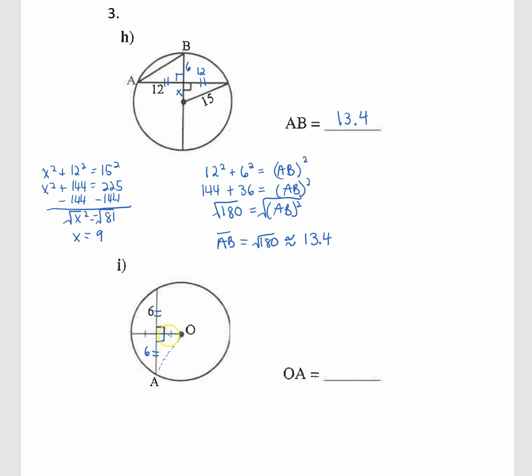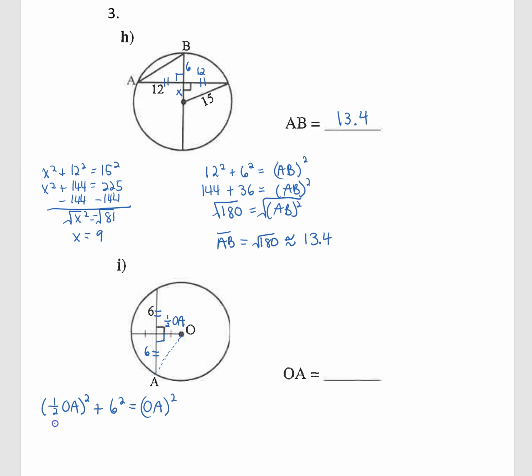Because these two are split into equal lengths, this side here we can express as 1/2 of OA, or 1/2 of the radius. So now we have an equation with only one variable: 1/2 times OA squared plus 6 squared equals the hypotenuse OA squared.